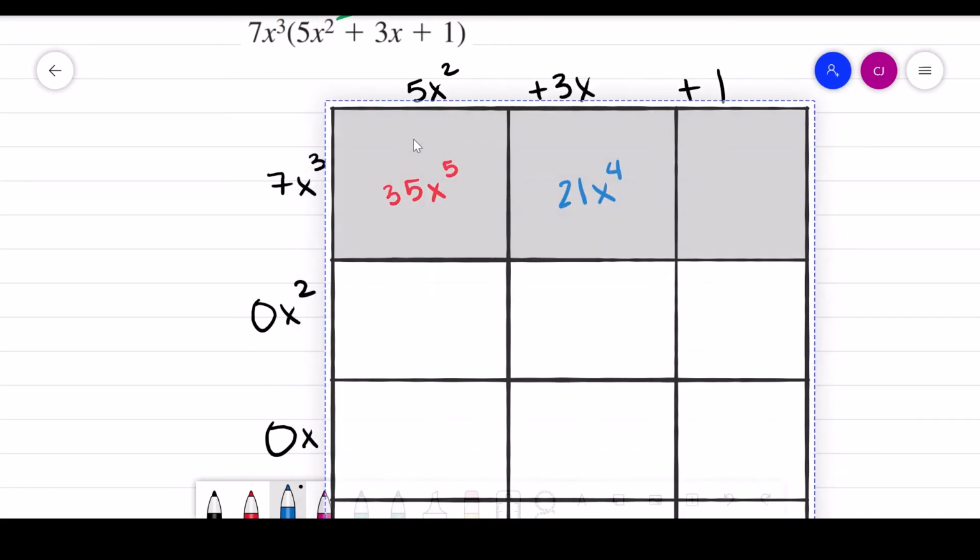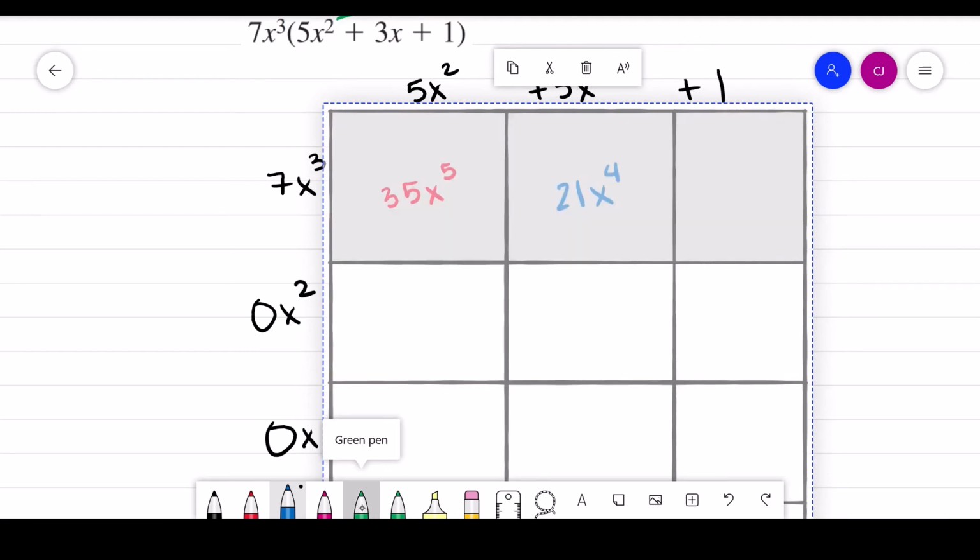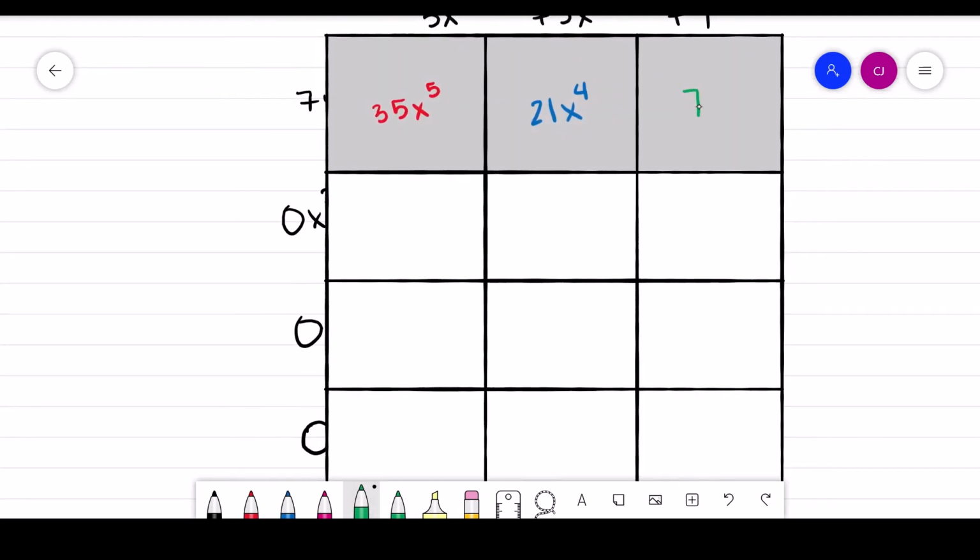And then 7x to the third power times 1, that's going to give me 7x to the third power.